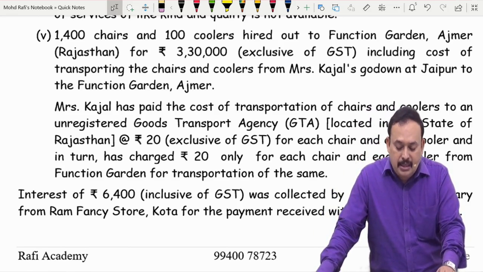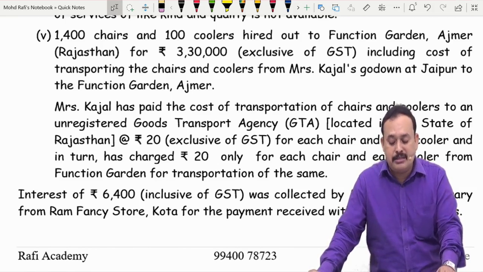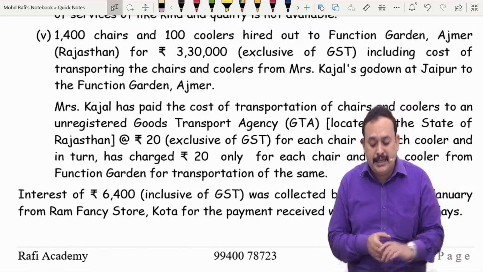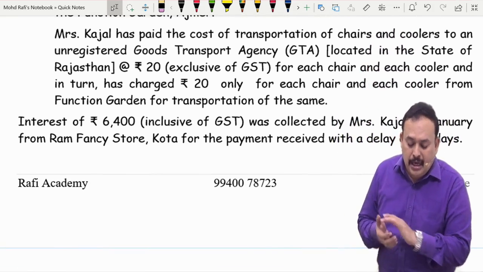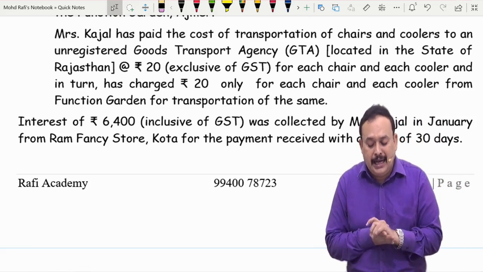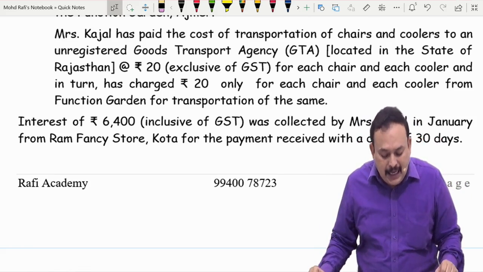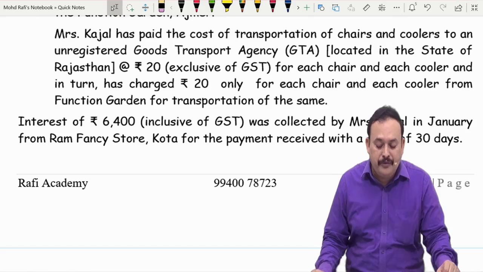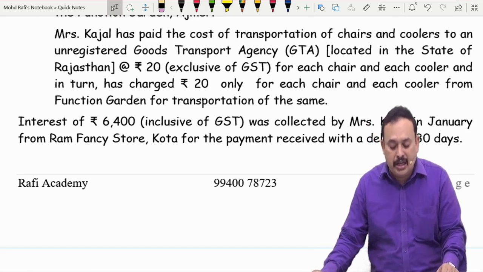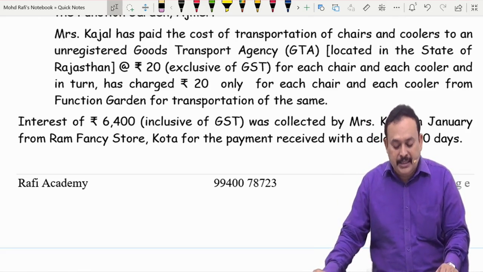Mrs. Kajal has paid the cost of transportation of chairs and coolers to an unregistered goods transport agency, GTA, located in the state of Rajasthan at rupees 20 exclusive of GST for each chair and each cooler, and in turn has charged rupees 20 only for each chair and each cooler from the function garden for transporting the same.